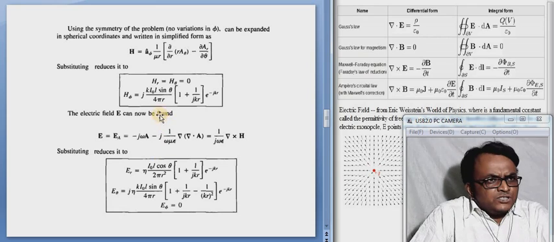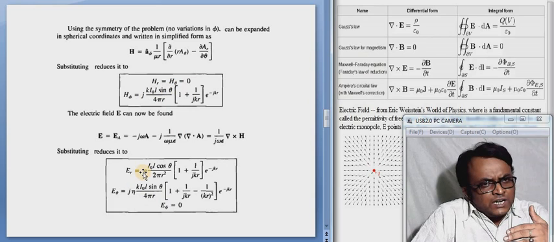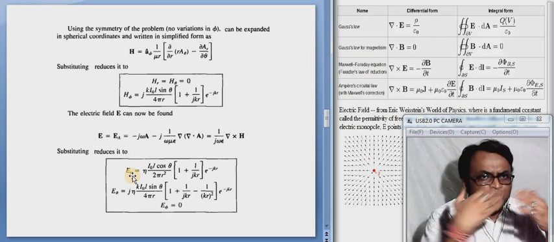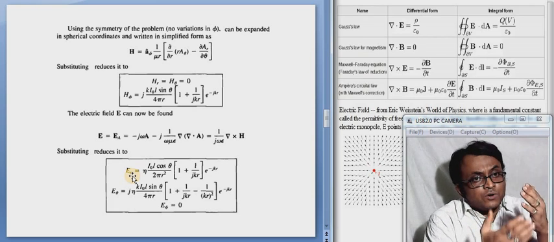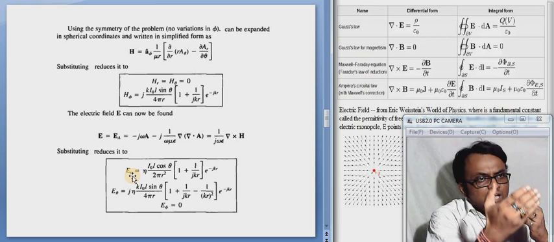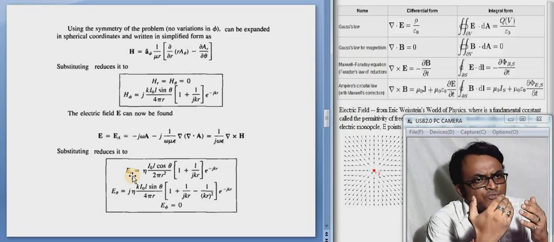As H phi survives, whereas HR and H theta are 0, and as the electric field and magnetic field are perpendicular to each other, the electric field component E phi will be 0.